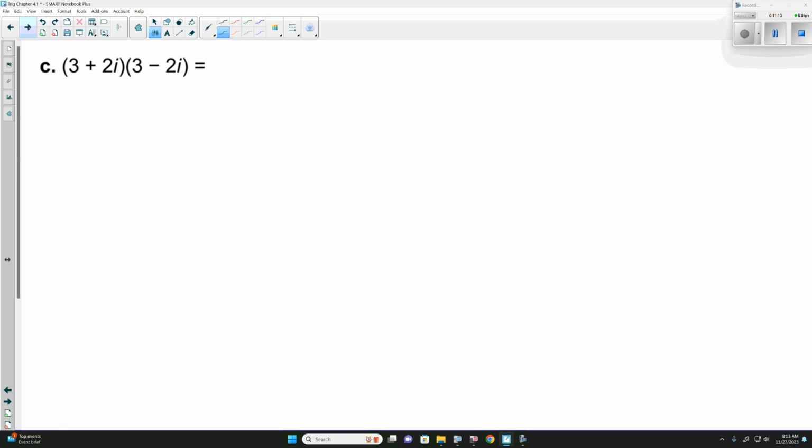When we distribute, 3 times 3 is 9. 3 times negative 2i is negative 6i. 2 times 3i is plus 6i. 2i times negative 2i would be negative 4i squared. Now we just said I squared is negative 1, yes?